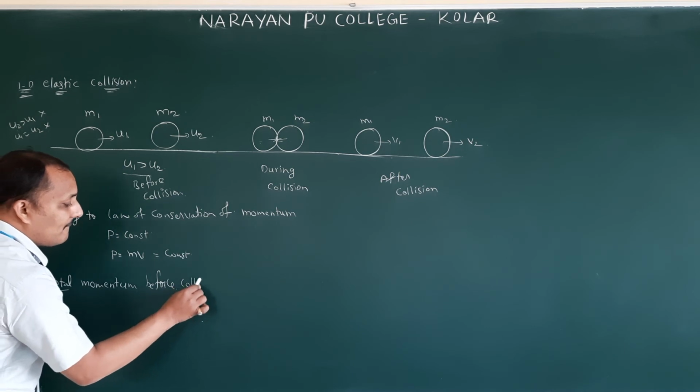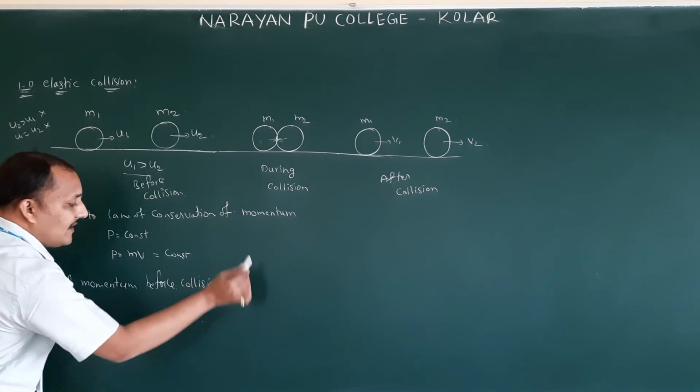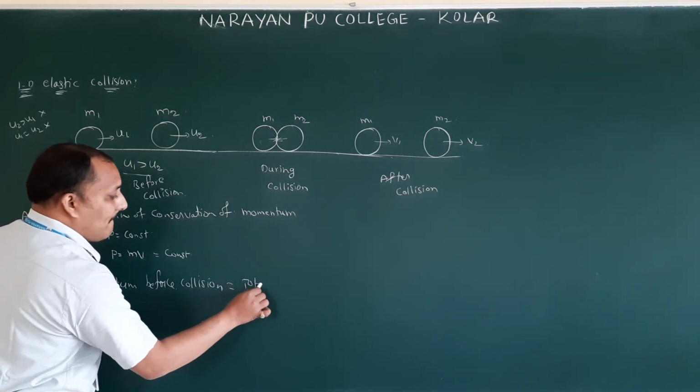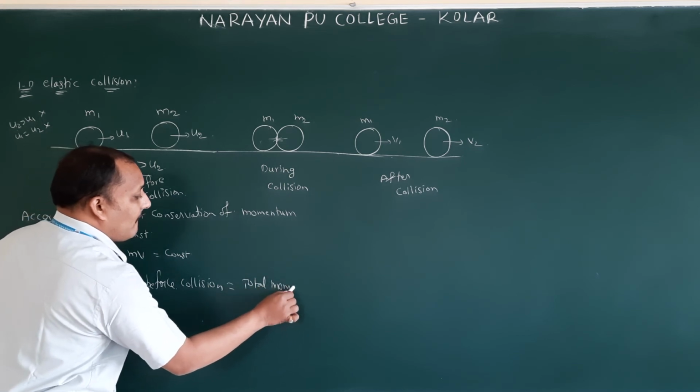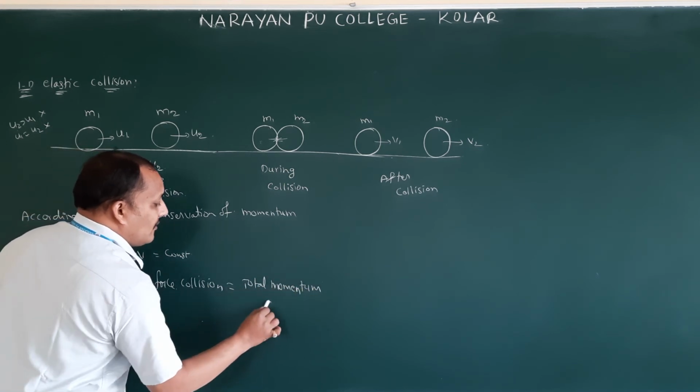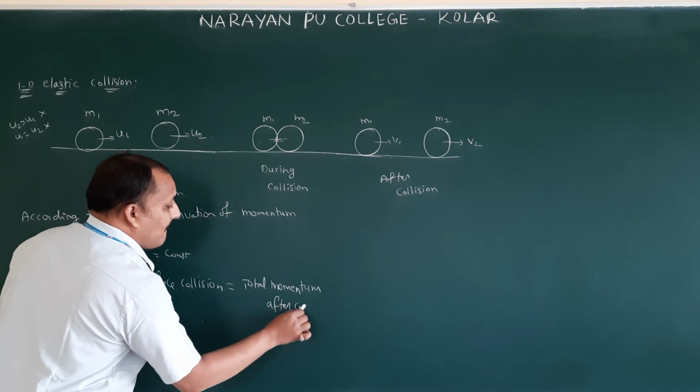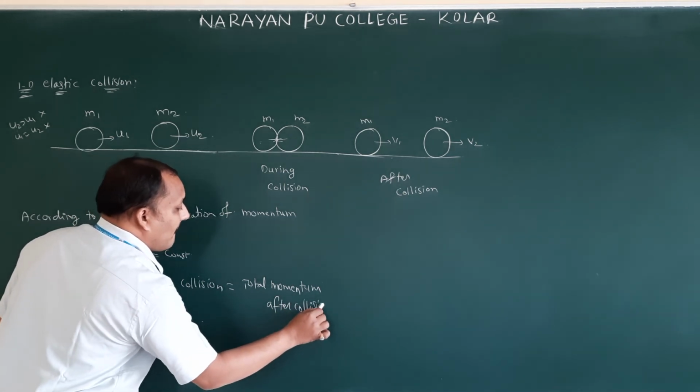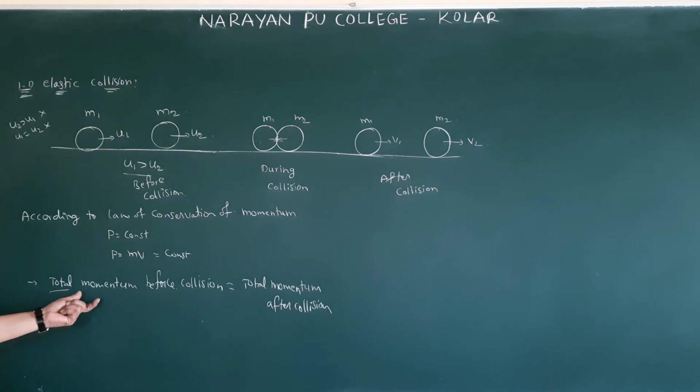Total momentum before collision is equal to total momentum after collision. Now see, before collision what is the momentum?